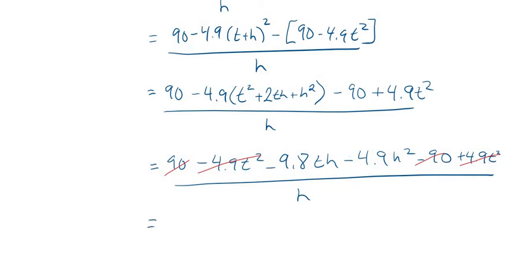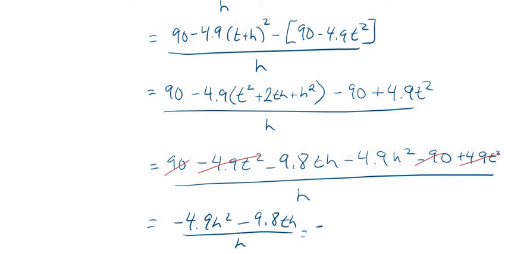And now we have negative 4.9 h squared minus 9.8 th over h. And since we have h's in everything, we can cancel them out.